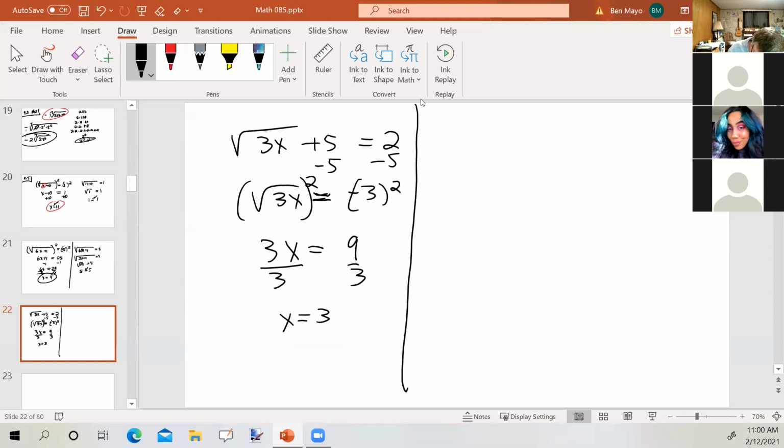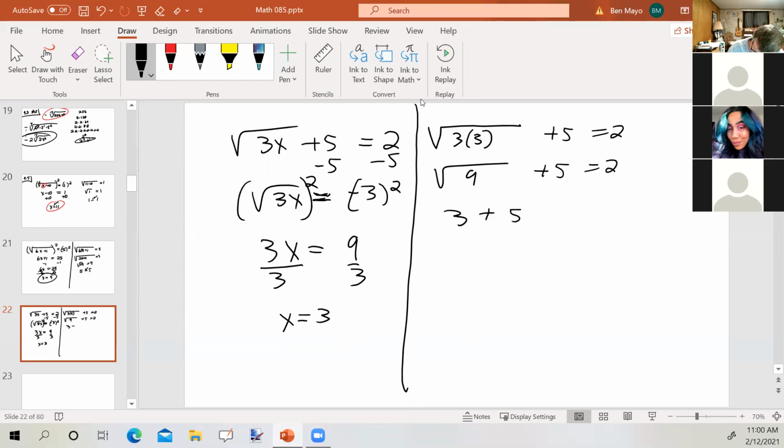Let's check our work. The square root of 3 times 3 plus 5 equals 2. The square root of 9 plus 5 equals 2. 3 plus 5 equals 2. 8 equals 2. So this x equals 3 is what's called an extraneous solution.